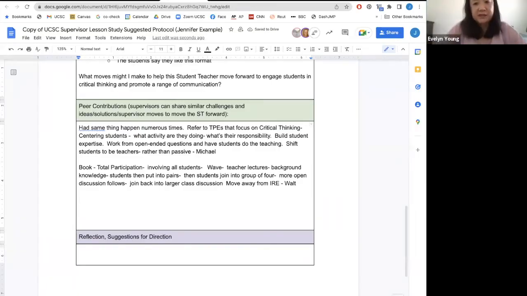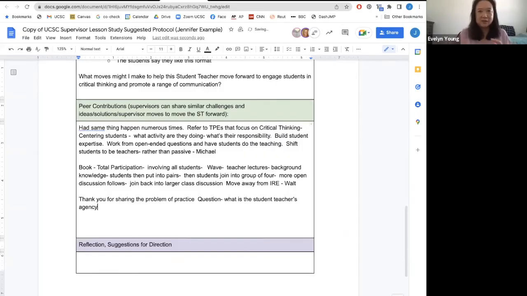Hi, thank you for sharing that problem of practice, Jennifer. I think we all on this panel or in this session can relate to your dilemma of practice. As you were sharing, there are a couple of things that came to my mind. One, what is the teacher's agency in that classroom? I'm wondering how much of the mentor teacher is allowing the student teacher to be able to do things that are creative, or is the student teacher kind of having to subscribe to the pedagogy and the methodologies that the mentor teacher is asking the student teacher to engage in?